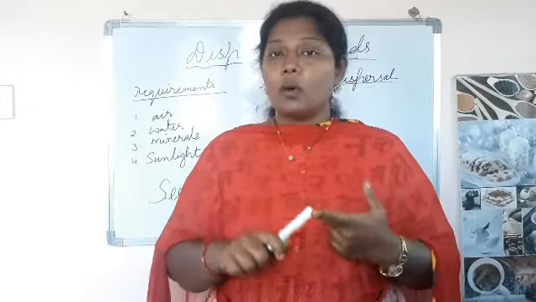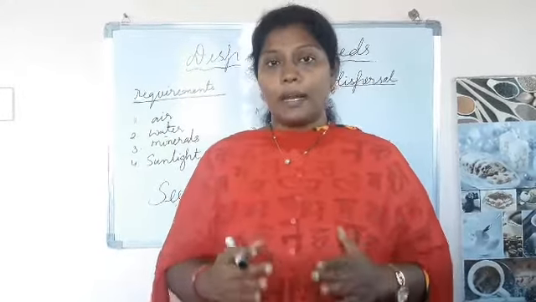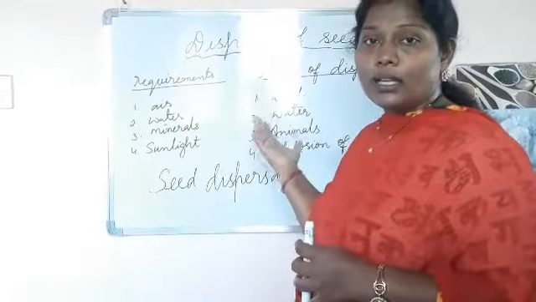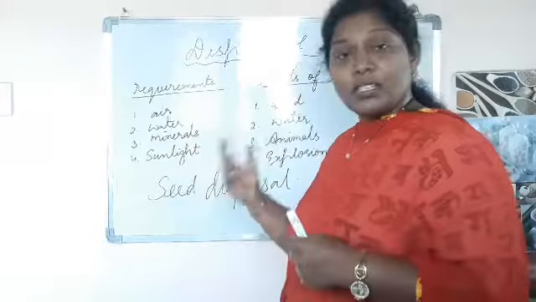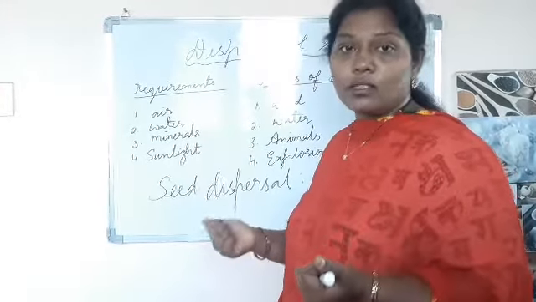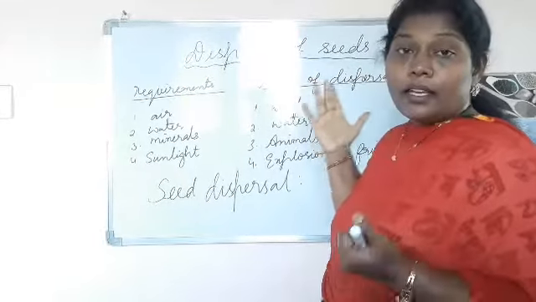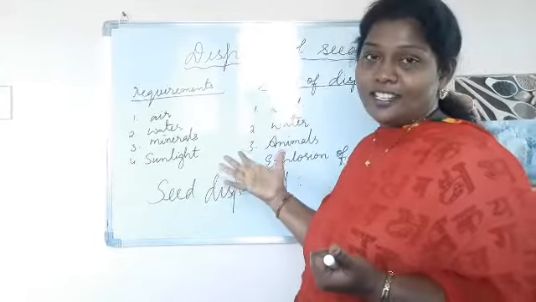It requires all the requirements for proper growth. In the same way, the seeds also require place, the sunlight, the minerals and the soil. So, the agents are playing a key role in helping the plants to disperse their seeds.